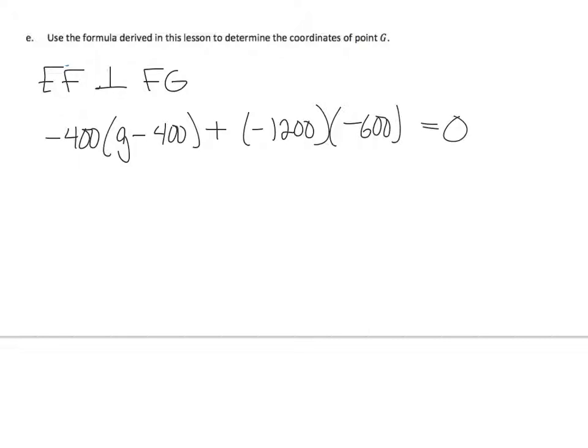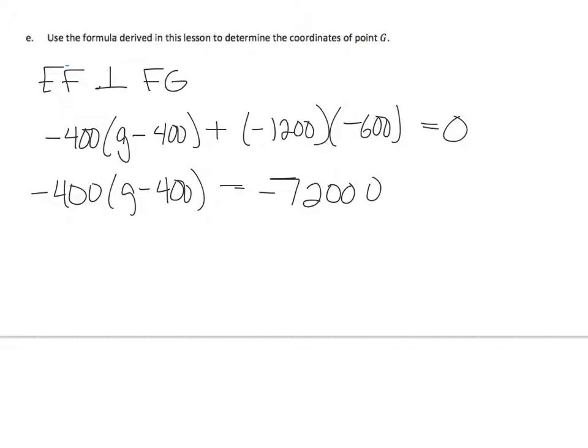So solve this, do some handy math. We're just going to leave this one as is. I'm trying to make this math easier on us because the numbers are getting pretty big. Equals 1200 times 600, that's a lot of zeros, 72000, and that would be negative. Divide both sides by negative 400.